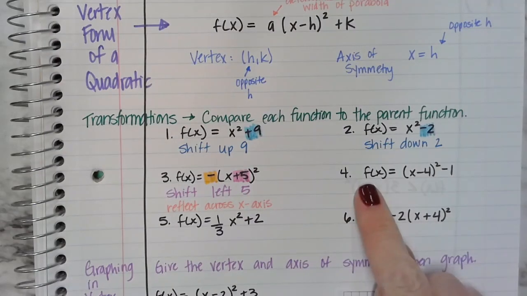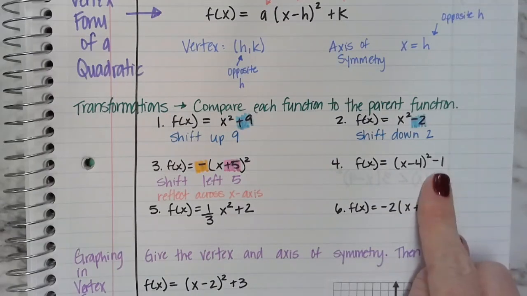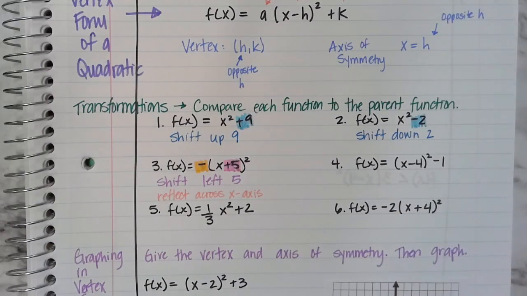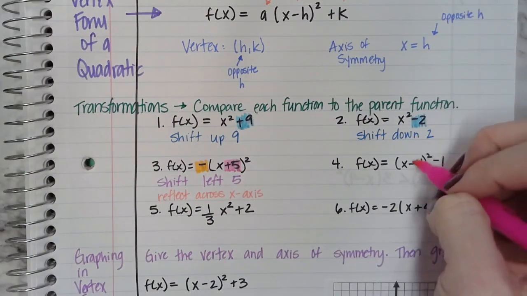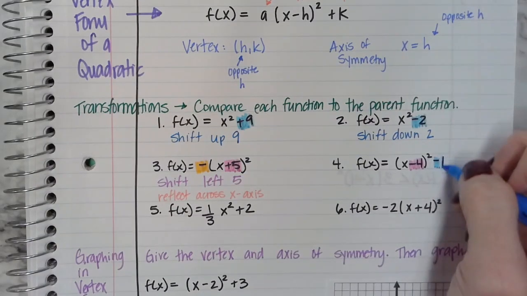Taking a look at number 4 now, what transformations do you see applied here? So we've got our horizontal shift inside the parentheses, and we've got our vertical shift outside the parentheses.